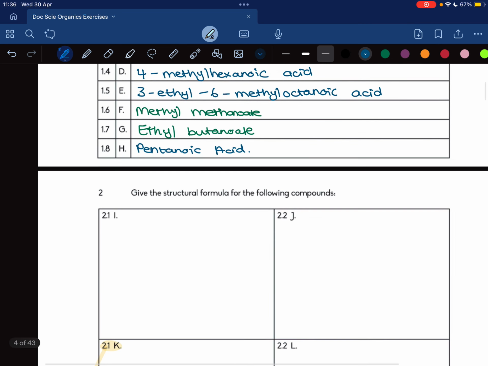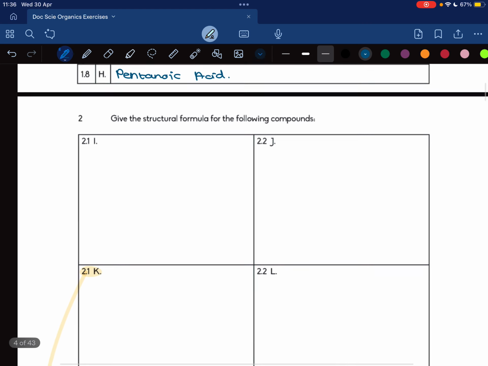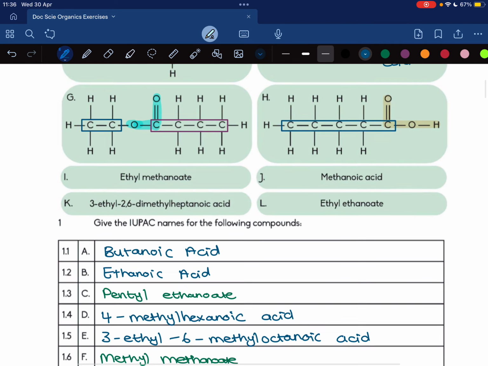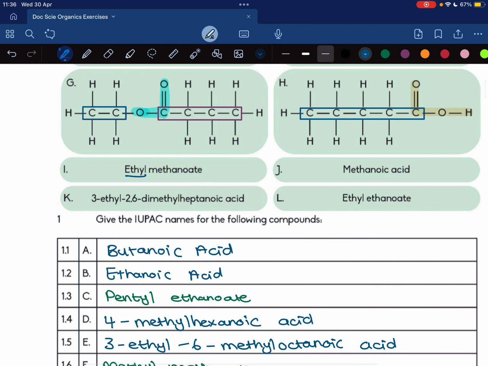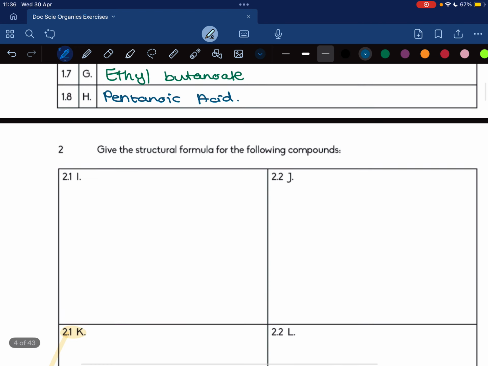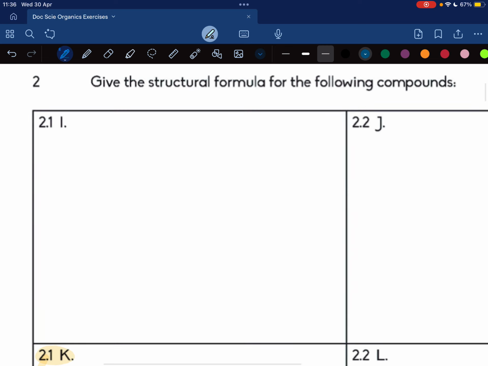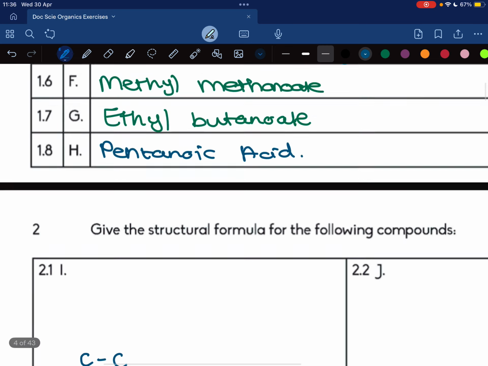Okay, then number 2 says give the structure for the following compounds I, J, K, and L. So I is ethyl methanoate, so that I can see is an ester. I start with the ethyl group, which is 2 carbons. So we start there, 1 carbon, 2 carbons.